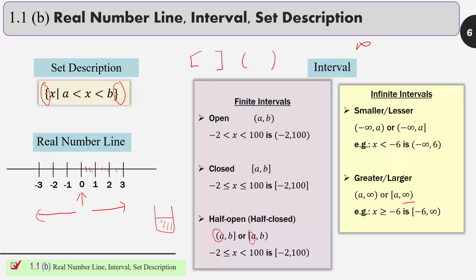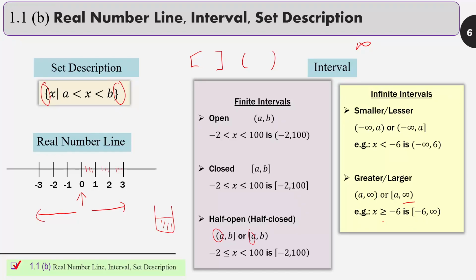How large is it? We don't know. Because we don't know how large or how small this number is, we use negative infinity or positive infinity to represent it. Since we don't know what this infinity is, we never ever use a square bracket for infinity, regardless of negative infinity or positive infinity. The other side is a number, it doesn't matter.